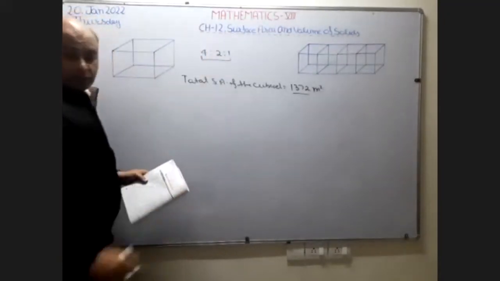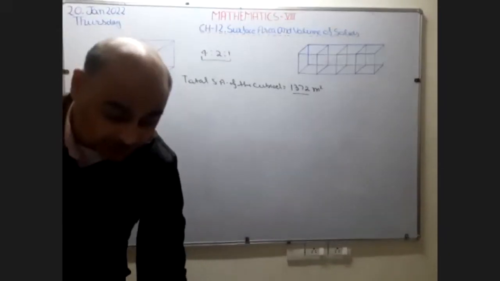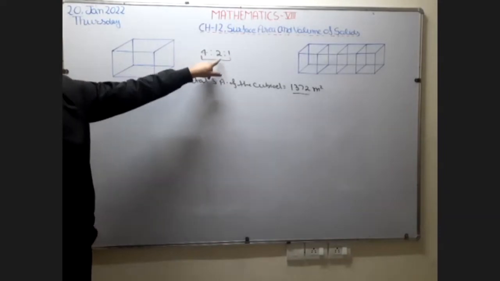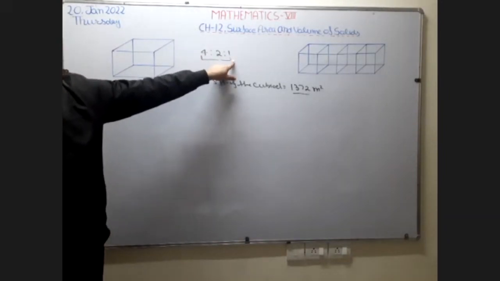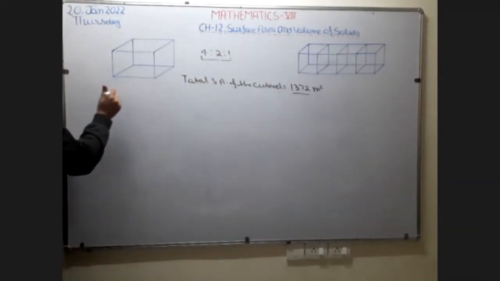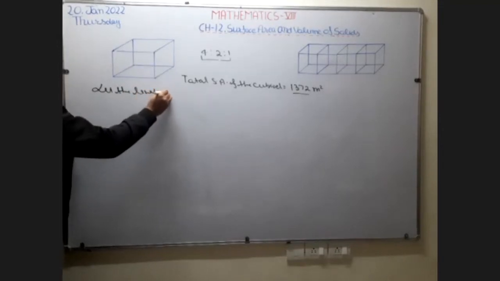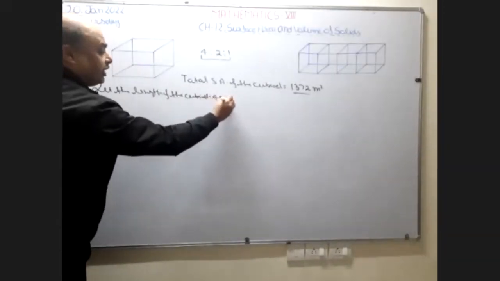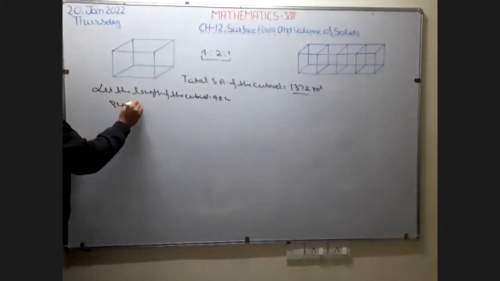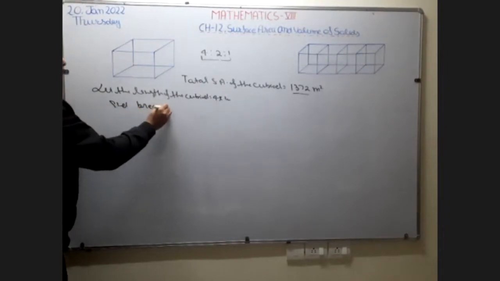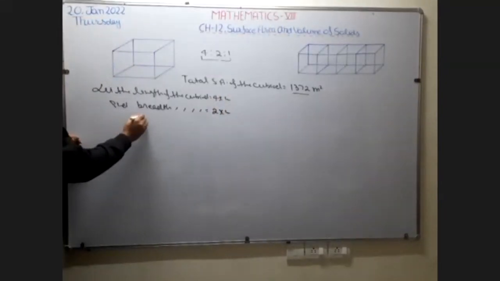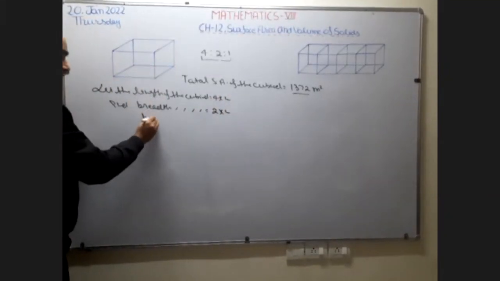Ratio of the dimensions is given. In this question, the ratio of the dimensions is given, which is 4:2:1. It means the first one is going to be length, the second one breadth, and the third one height of the cuboid. So start your question. Right here, let the length of the cuboid be 4x in meter, and breadth of cuboid be 2x in meter, and after length, breadth, height is there.